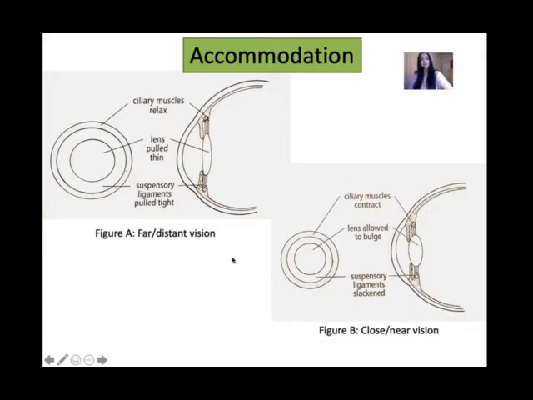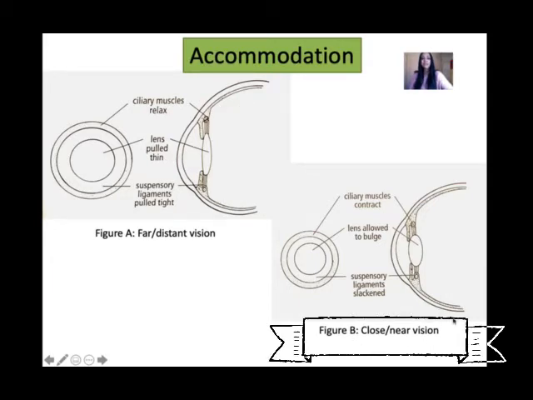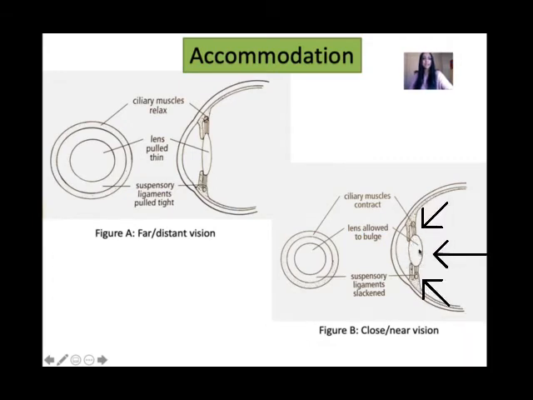I understand that this is taking place in far or distant vision, meaning if I am looking at objects far away, then my lens behaves like this. It becomes thinner and longer. But when I am looking at objects close to my eye or near vision, what happens to my lens? The shape is much thicker in the middle and fatter.